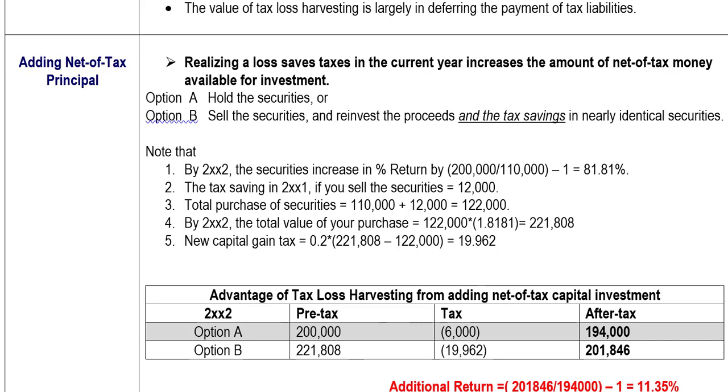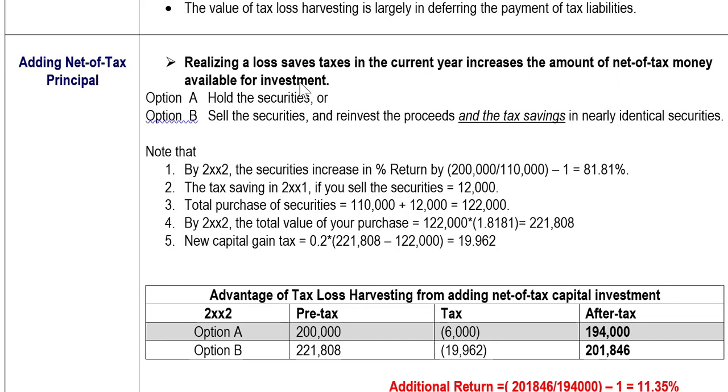Here, there's a terminology called adding net of tax principal, which means additional saving from the tax harvesting. So realizing a loss saves tax in the current year and increases the net-of-tax money available for investment.